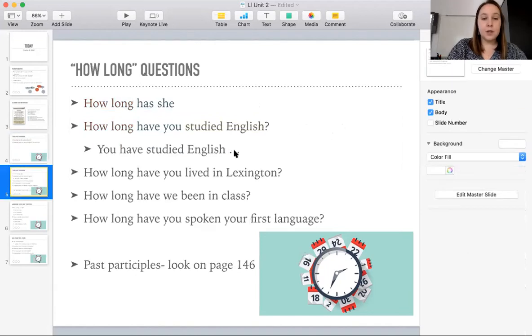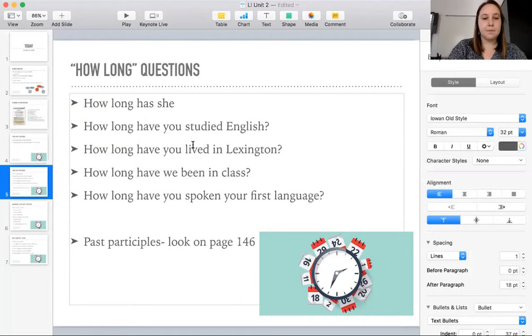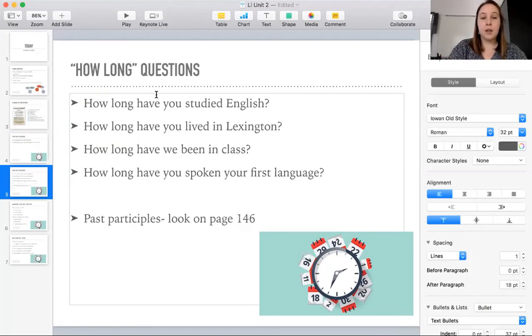Let's look at a few other examples. How long have you studied English? How long have you lived, another regular verb, in Lexington? How long have we been, an irregular verb, that be verb, in class?